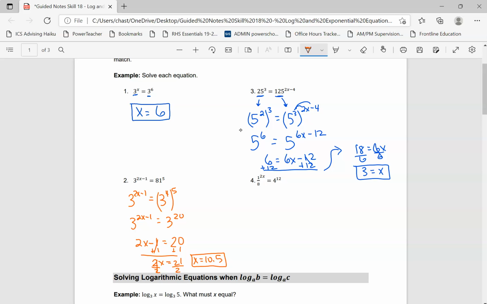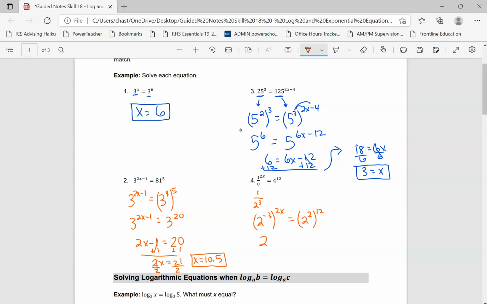All right, looking at the fourth one, we have 1/8, which I know is going to be the same as 1 over 2 to the 3rd, which is the same as 2 to the negative 3. So I'm kind of going in reverse of what we would normally do with exponents. And 4 I know is 2 squared. Okay.